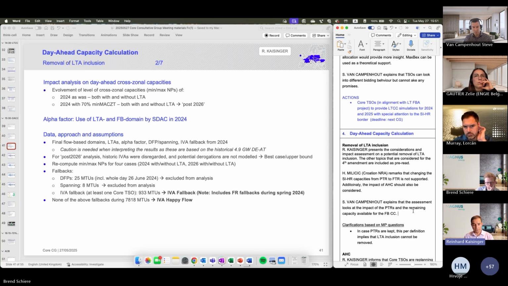Note that in 24 we had a series of IVA fallbacks by RTE, especially during the spring of last year. So those are all bundled in this data set, which comprises roughly 1,000 MTUs, and then the happy flow data set, which comprises the rest of the MTUs, close to 8,000. And I see a hand up by Arno.